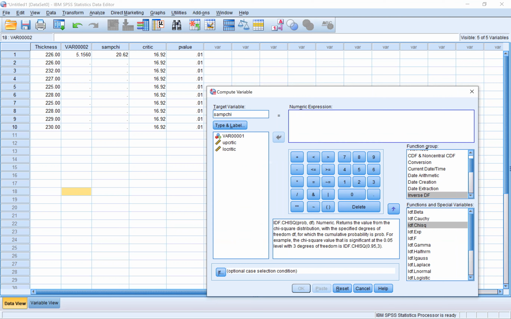again is just n minus 1, 29, times whatever I got in the sample, s square. What I had got in the sample was 480, divided by the assumed population value.